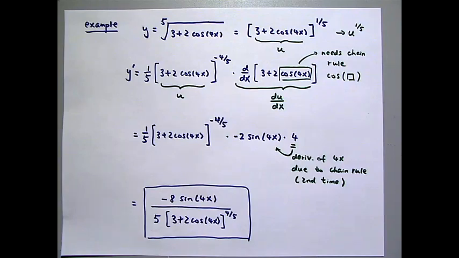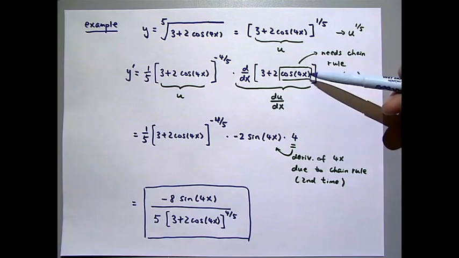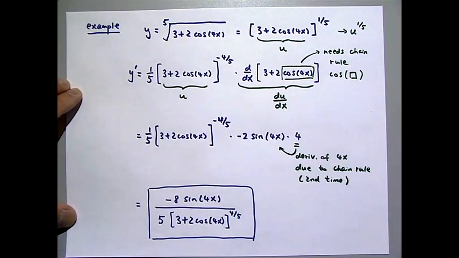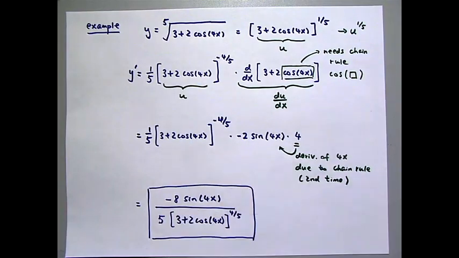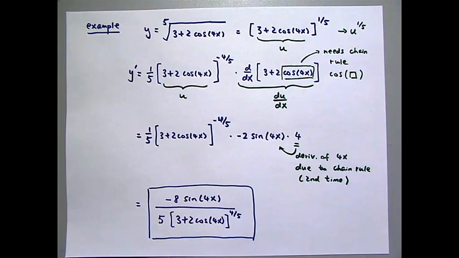Okay, so you got chain rule within chain rule. And chain rule happens whenever you have a function that depends not just on x, but something more than just an x. Like here, a 4x. If that 4 weren't here, then that's just a basic first chain rule and then we're done. Here, because we have this thing going on, that's another chain rule application.